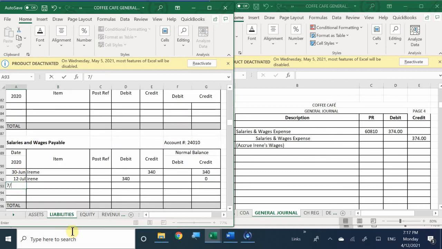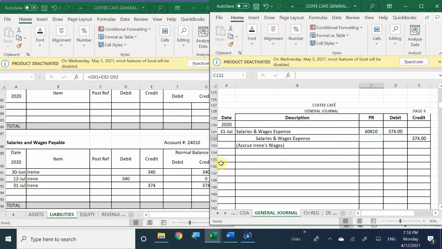And here I'm going to type in Irene. And we're going to say that we owe her another $374. And this account is 2410.